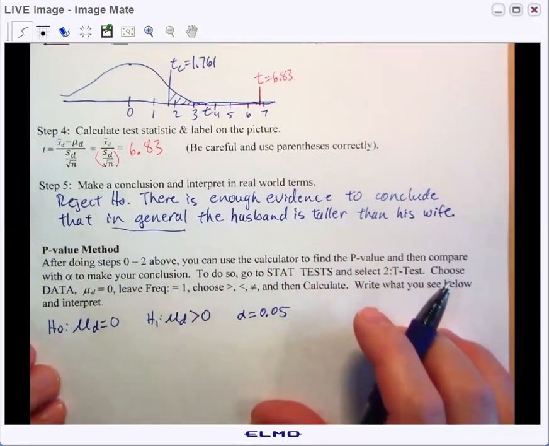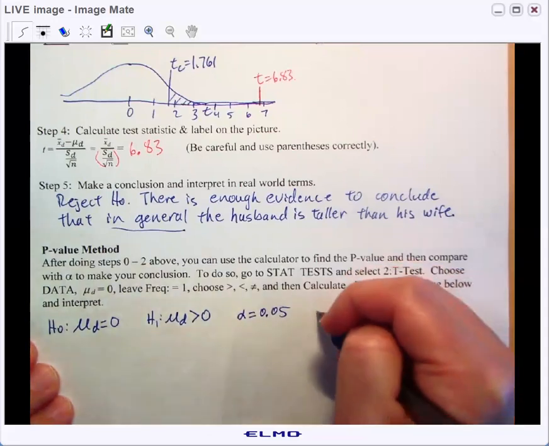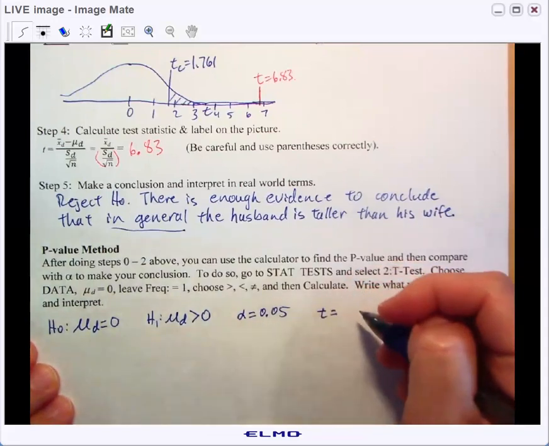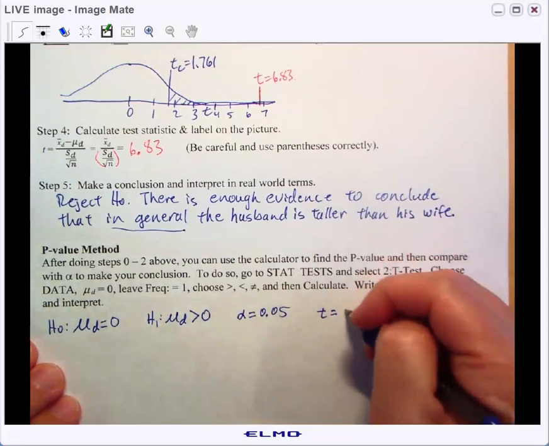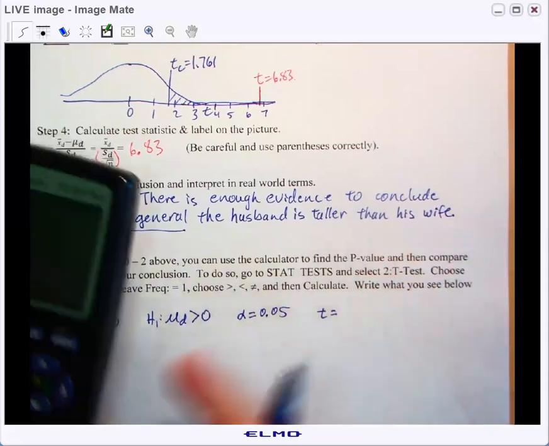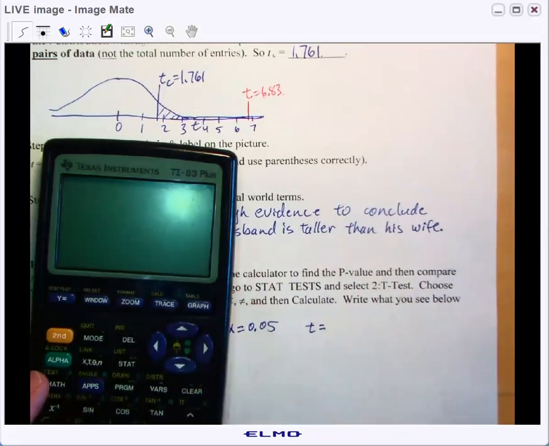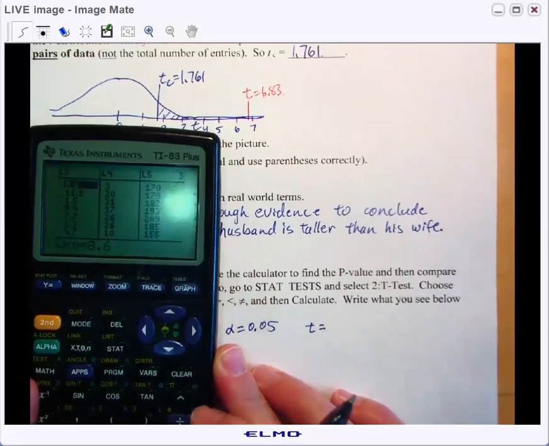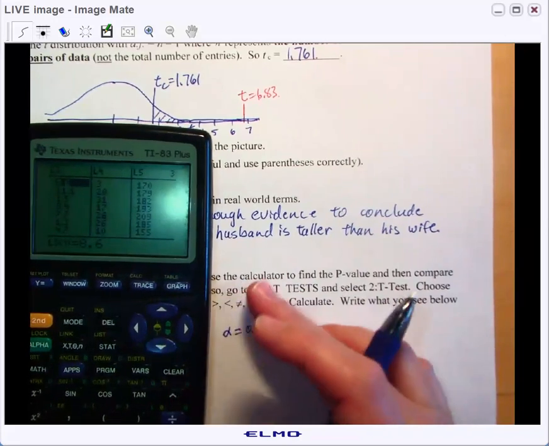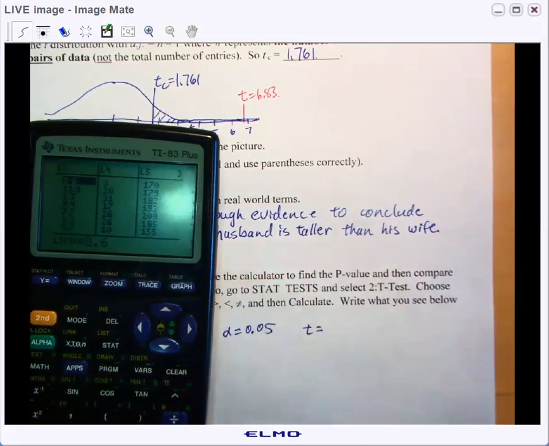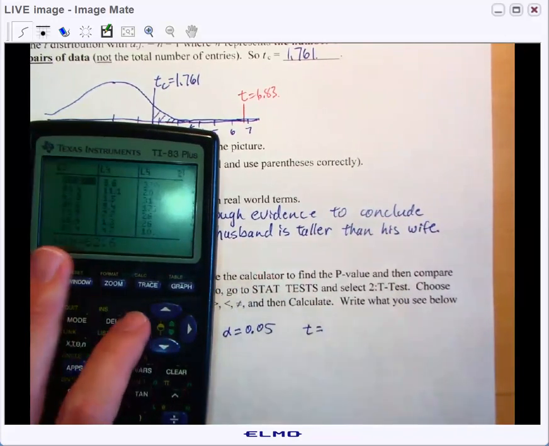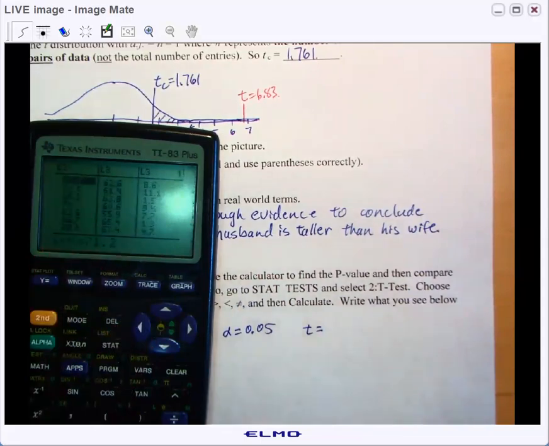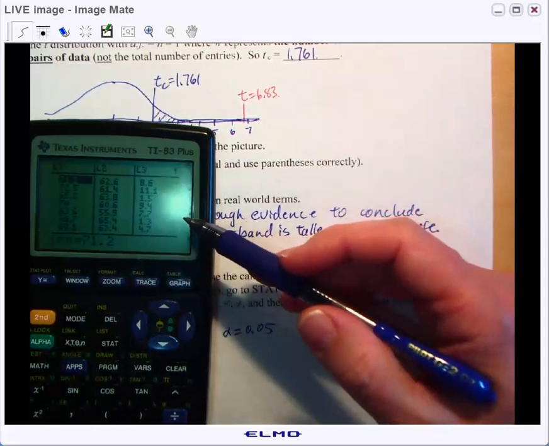So if we wanted to do the p-value method, we need the test statistic, t, which we're going to get from the calculator. You can see that I've got my data in list 1, list 2, and list 3, and list 3 was the difference data.